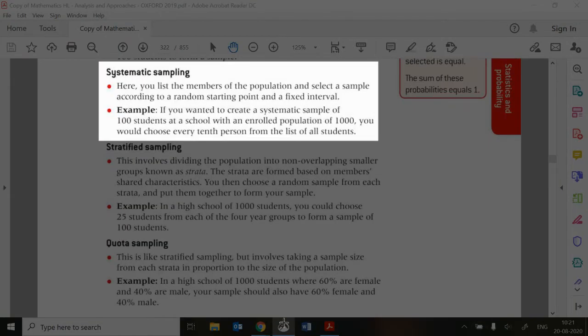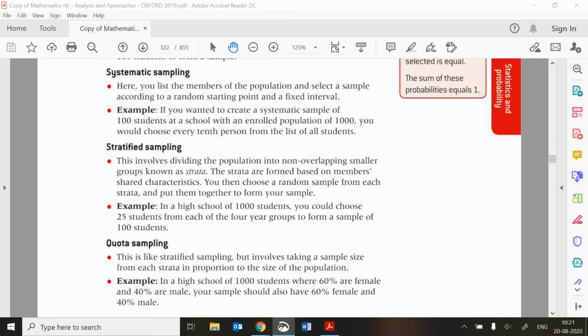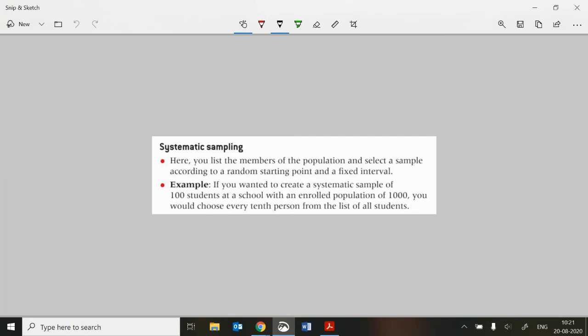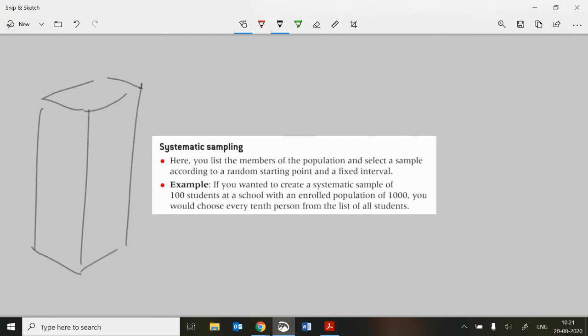For example, if you had a block of flats, like they were talking about in the previous section, and you want to interview someone from a flat in each of the 100 flats, and let's say there are 10 floors. Now you've got your sampling list, which goes from 1 to 100.